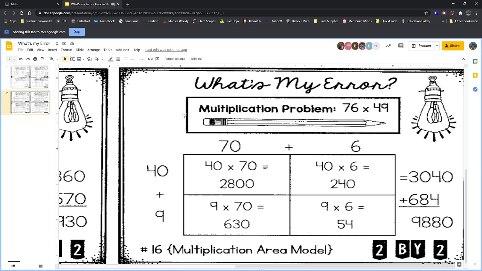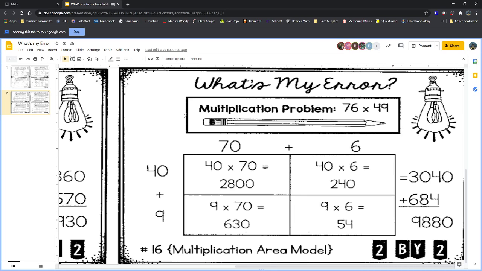What about this one? 76 times 49. What mistake did they make here? What is their mistake? What can we find here that they might have made? Bailey?